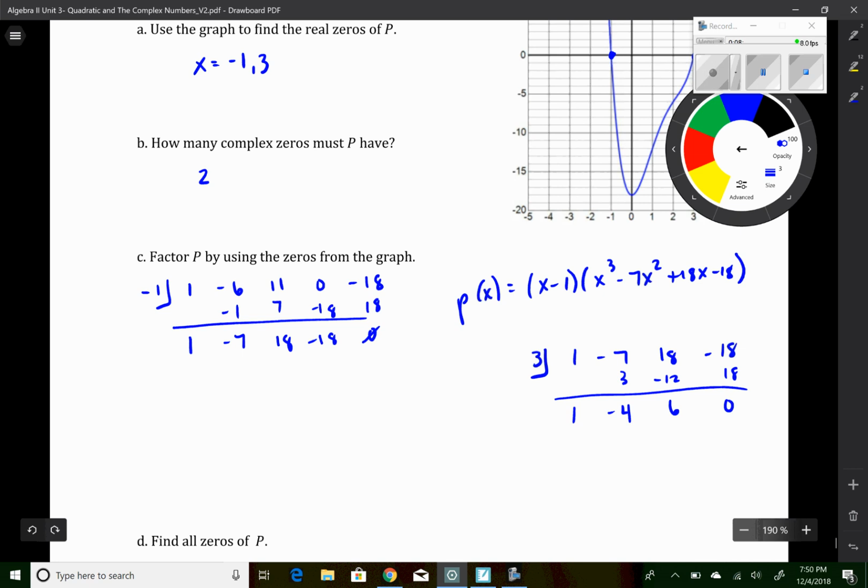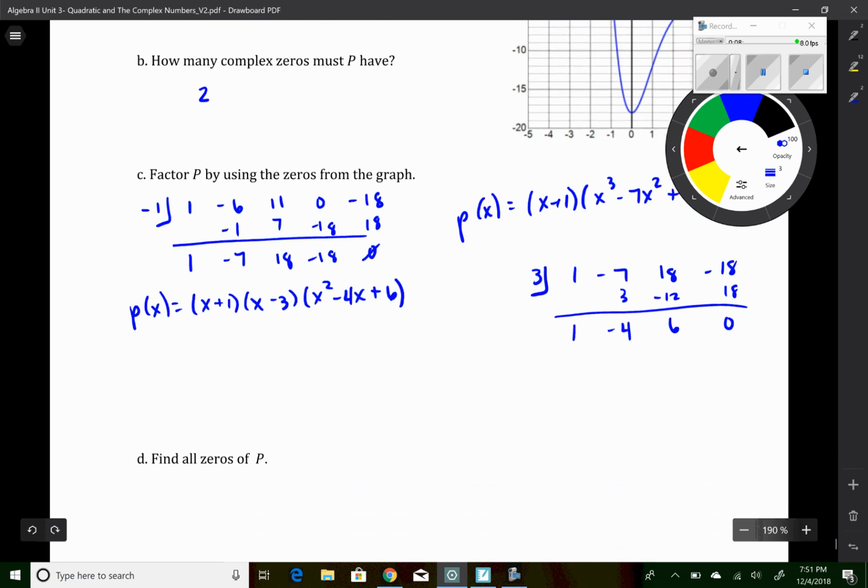So now I know p of x is equal to the two real factors, x plus 1, x minus 3, and this new factor, x squared minus 4x plus 6.